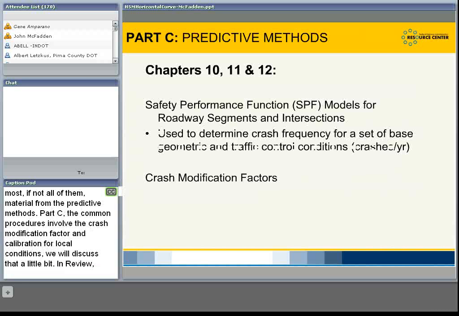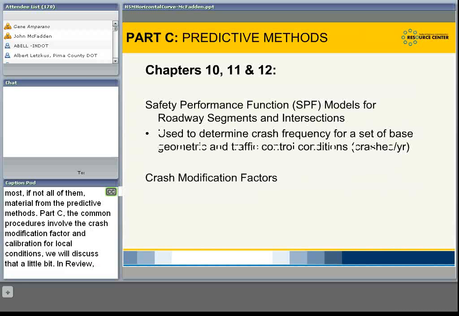What a crash modification factor is: it's an adjustment used to account for the effect that a specific treatment or design attribute has on crashes. If the crash modification factor has a value of 1, you are essentially meeting the base condition, so it has no effect on the expected crash frequency.